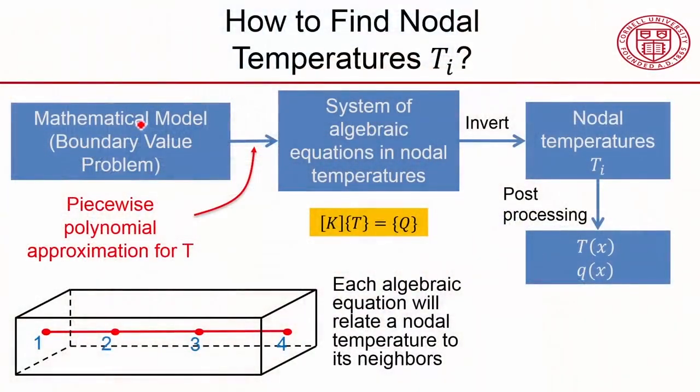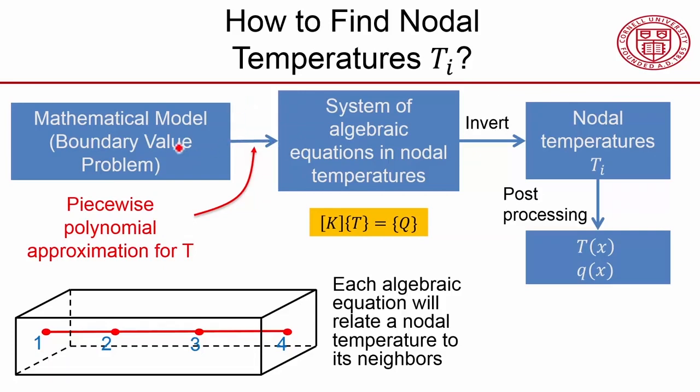An important thing to consider is how to reduce the error in the finite element solution. To be able to understand that, let's go back to a slide that I showed earlier. I talked about how one can go from a boundary value problem to a system of algebraic equations in nodal temperatures using the piecewise polynomial approximation for the temperature. So this is our assumed shape. In our case, we assumed it as a combination of linear polynomials.